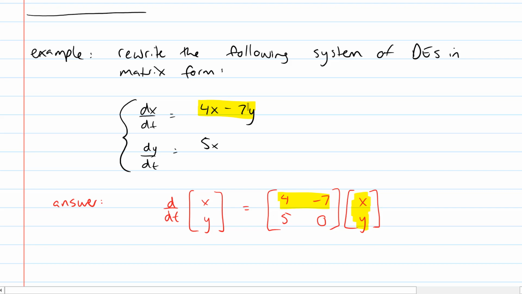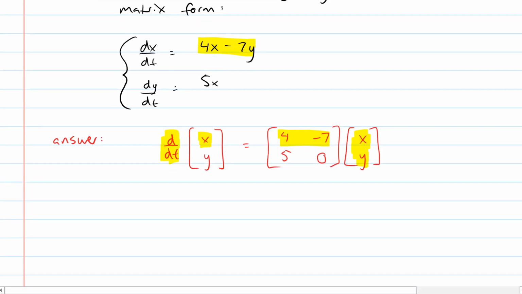This gives us the top right-hand side of the equation, and that's going to be equal to the derivative of x with respect to t. And similarly, we're going to have dy dt is equal to 5 times x plus 0 times y, and that just gives us our system.